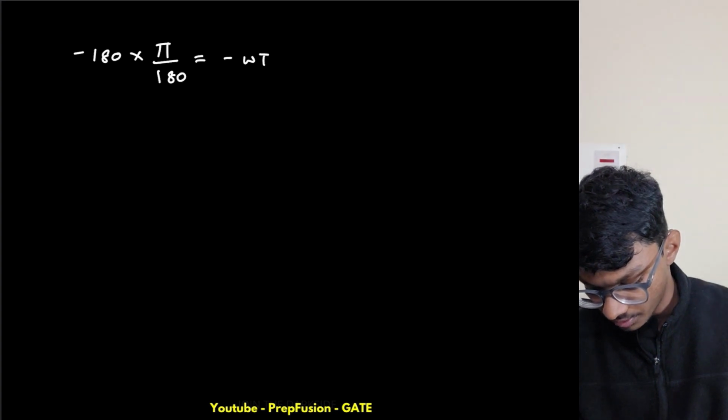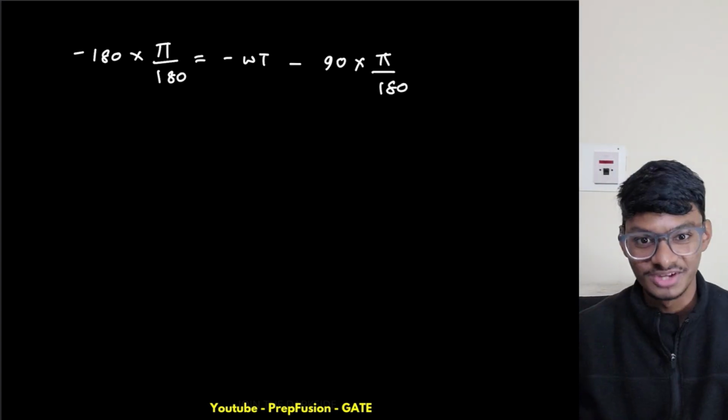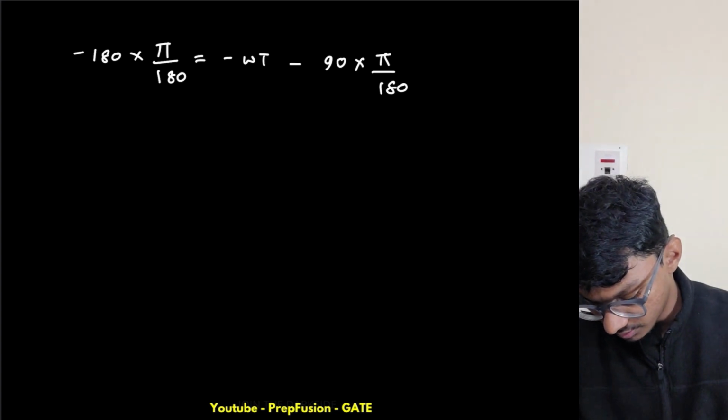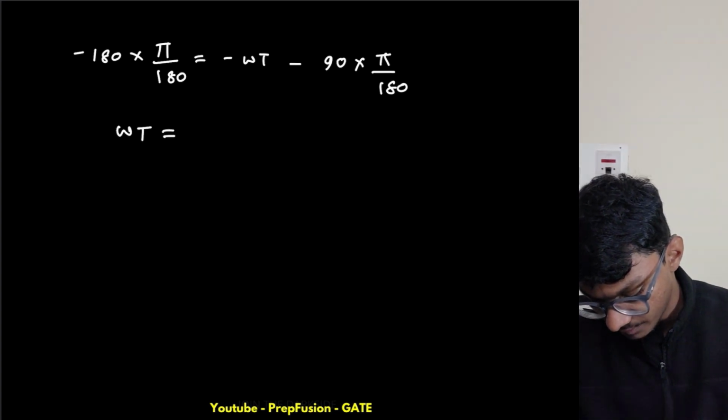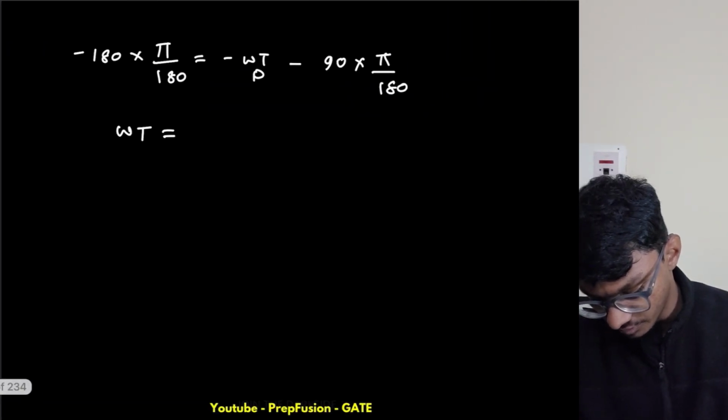This is minus omega t, and this is minus 90 into pi by 180. We know this is pi by 2 since childhood. Now this omega t will come over here, and this is omega p. Actually, sorry, I should write this as omega p because this is the phase crossover frequency basically.